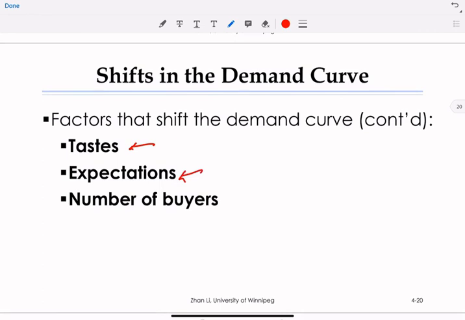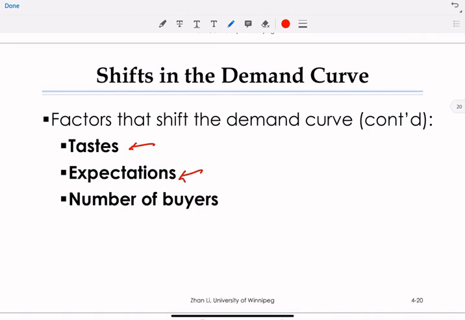So, let's say again, you're a tea drinker, and you expect in 2 months, the price of tea will increase. Now, if you expect the price of tea will increase, as a rational person, what you would want to do is buy more tea today, right?